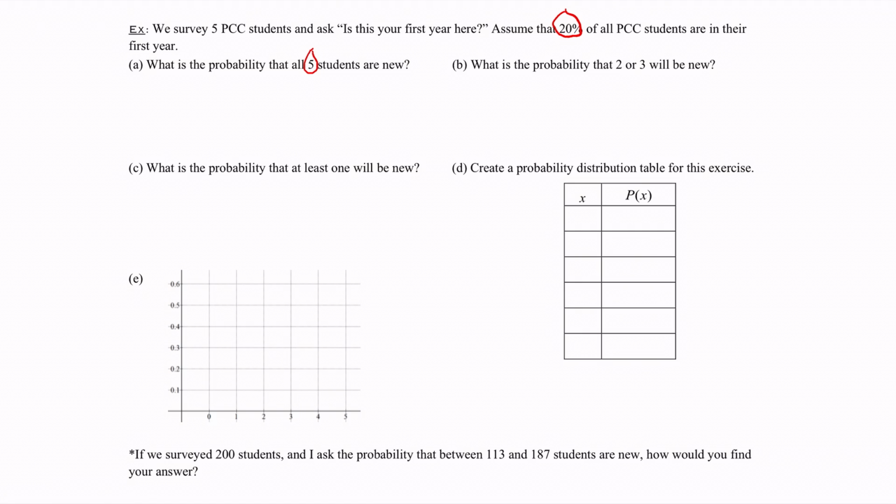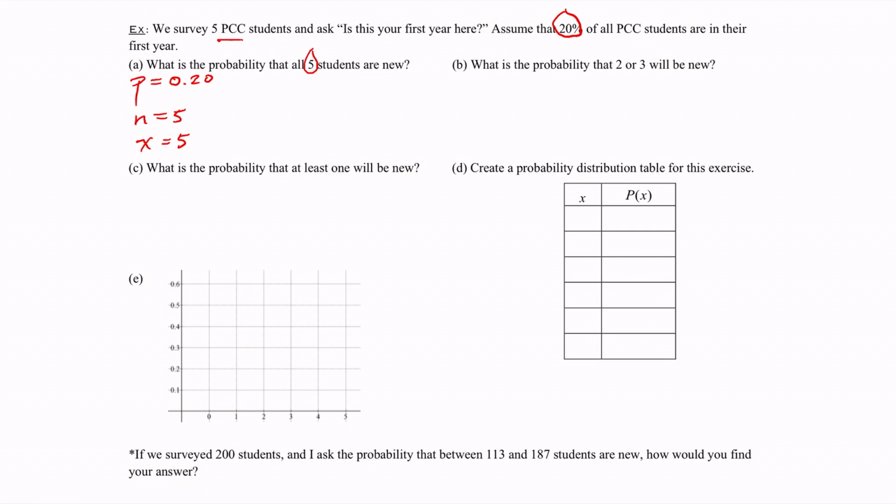P, our probability of success, was 0.20. Number of trials, we had 5 students that we were asking. And X, the total number of successes that we're looking for, is also 5. So we want all 5 of them to be successes.